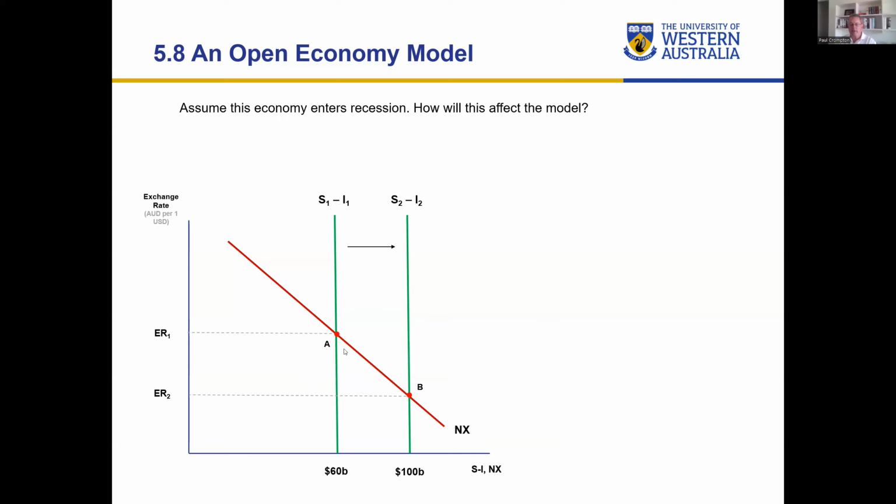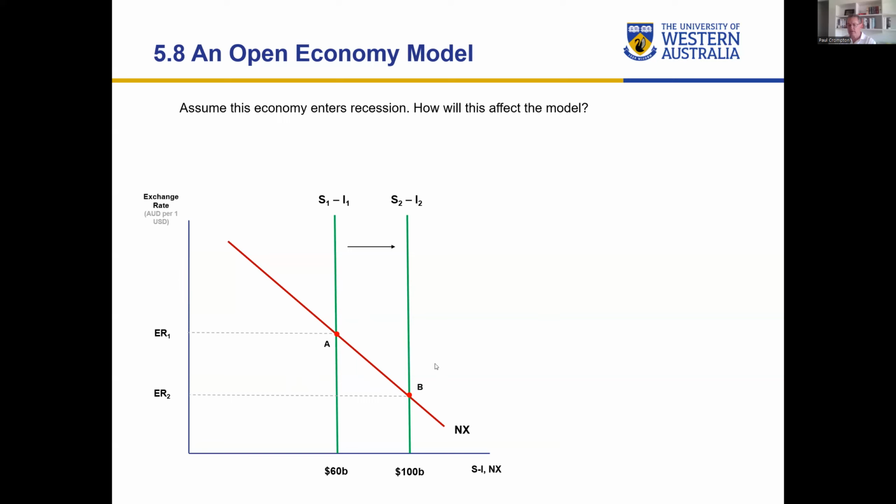Now, as we go from A to B, because of a depreciation of the Australian dollar, remember, when I say NX increases, that is a movement along the existing NX curve. It's not a rightward shift in the NX curve. The reason we don't shift the NX curve is that the cause of the increase in net exports is a drop in the exchange rate, which is the variable on the vertical axis.